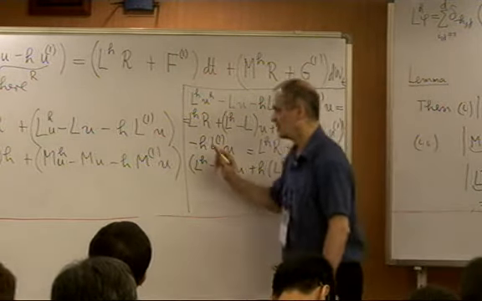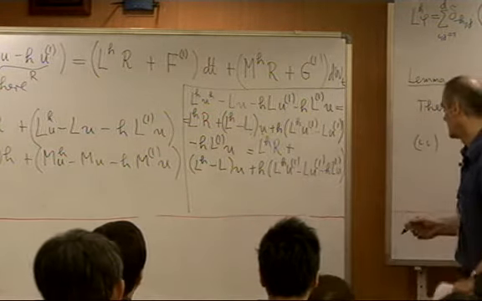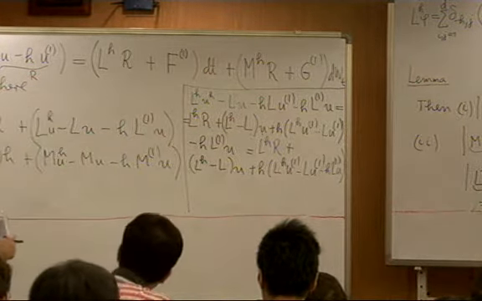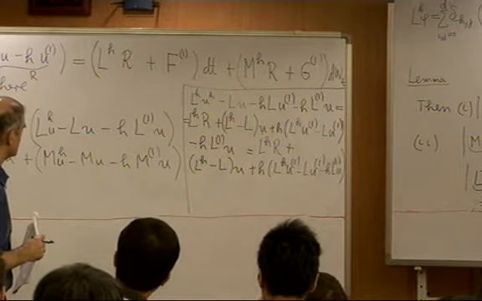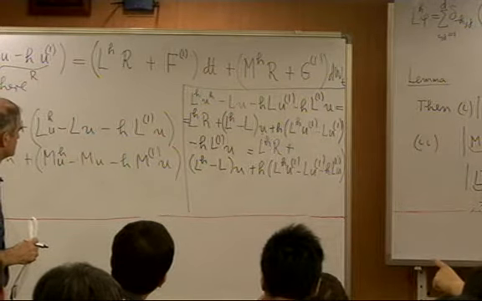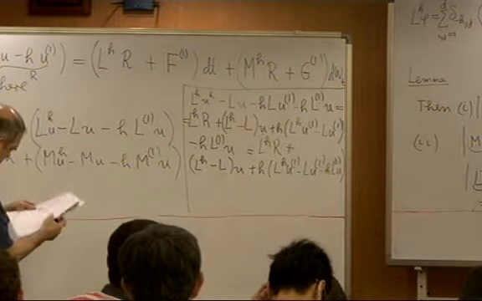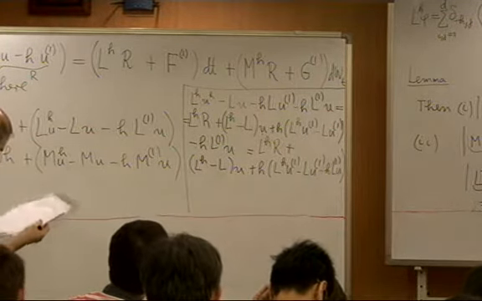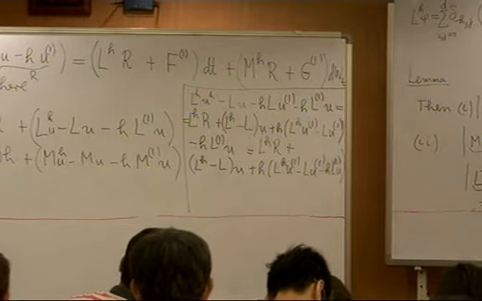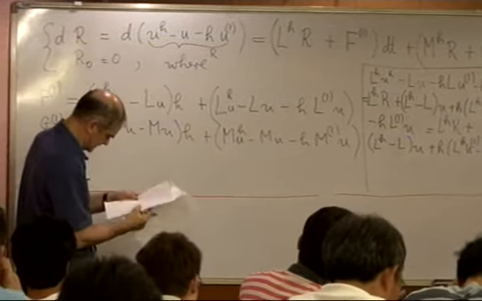Right. So I got here LHU minus, the second L should be U1, HU1, I think, first time. Let me check that. I am absolutely sure that this must come up, and this as well. Where have I lost this?